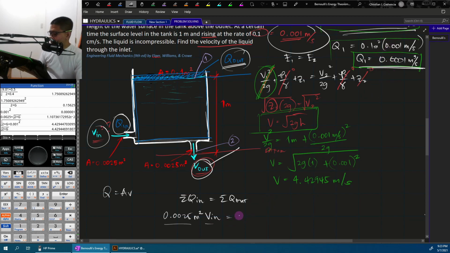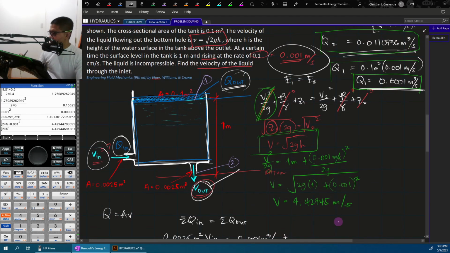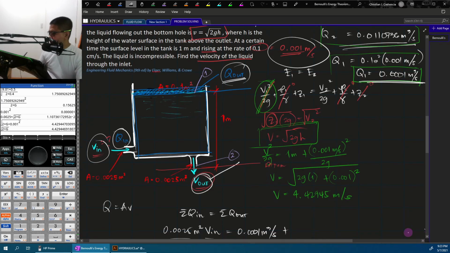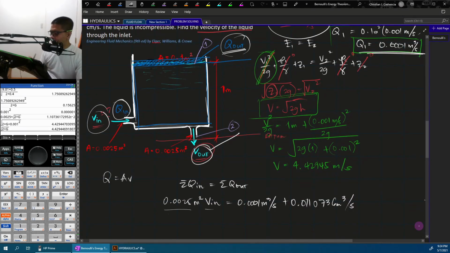So, Q1, meron tayong 0.0001 cubic meter per second. Then, plus yung nakasolve natin Q2 na 0.0110736 meter cube per second. Okay? So we can now solve for the velocity in. So yun naman ang hinahanap.